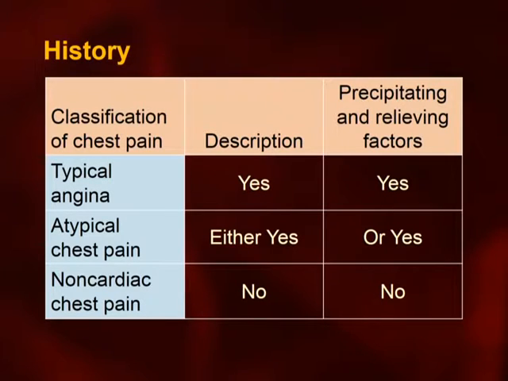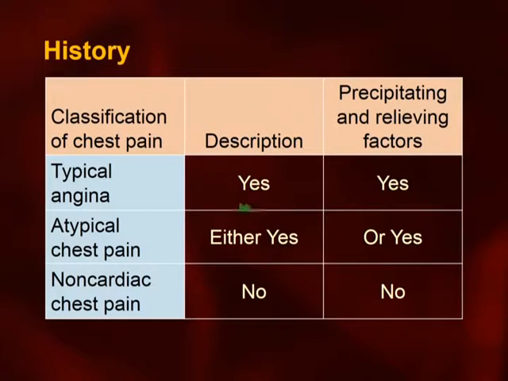So let's talk about typical angina and what the features of typical angina are. There are three key features for the presentation of angina to be called typical angina. One is that it occurs or worsens with exertion. Two is that it's relieved by rest or nitroglycerin. And three is that it has a typical location in the anterior chest, neck, shoulders, jaw, or arms.